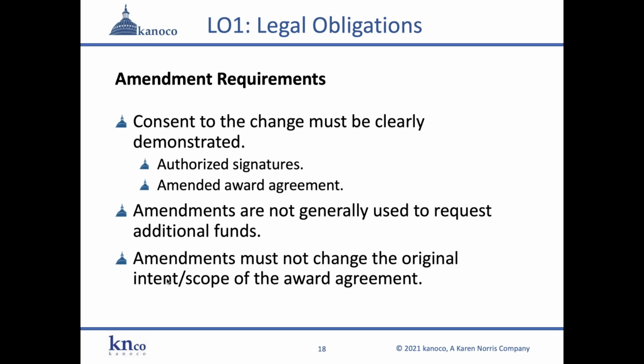If an auditor comes through and they're looking at the original award agreement and you have a change that you wanted to have made that is not reflected, there's going to be an issue with audit findings. So that's a very important step to make a note of, because sometimes people forget about it. Oh yeah, we have to issue a new award agreement, don't we?